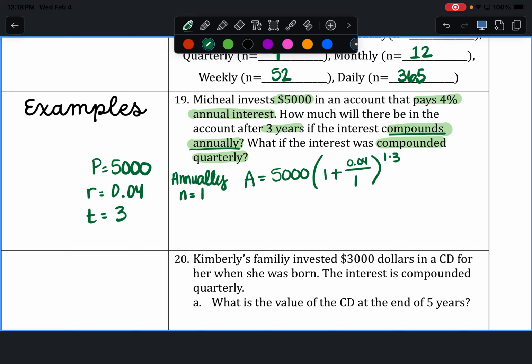And that's what you type into the calculator. You have to set this up and show this step before you do the answer. Then I want y'all to use your calculator and tell me what that equals. What is it going to be if it is compounded annually?